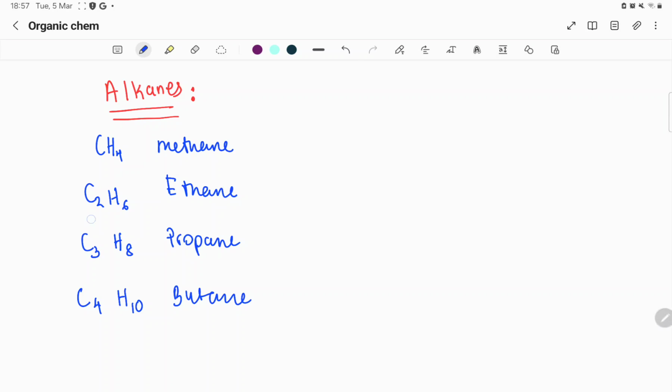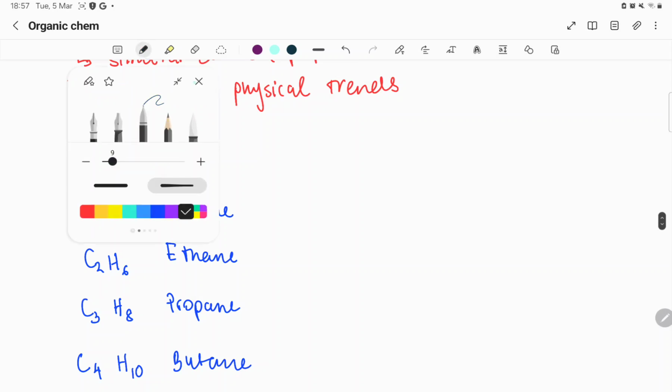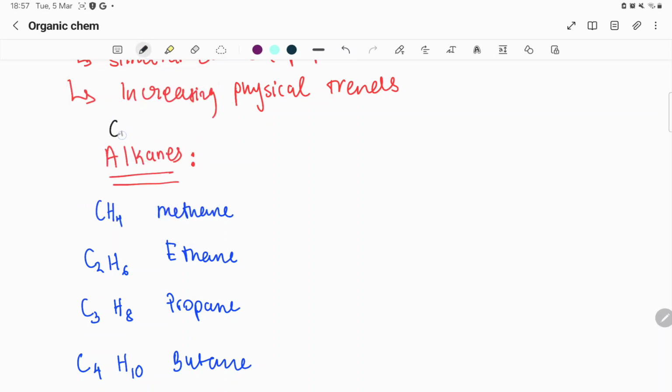Now, do you need to memorize the compound? No, you don't, because of the general formula. An alkane general formula is CnH2n+2. n is the number of carbons.